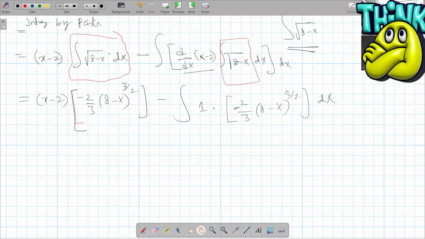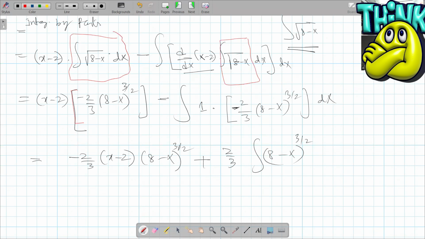We need to integrate once again here in the second term. The first term is clear. And we will have a plus sign here because minus into minus becomes plus. So 2 over 3 can be taken outside, and what is left is to find the integral of this.